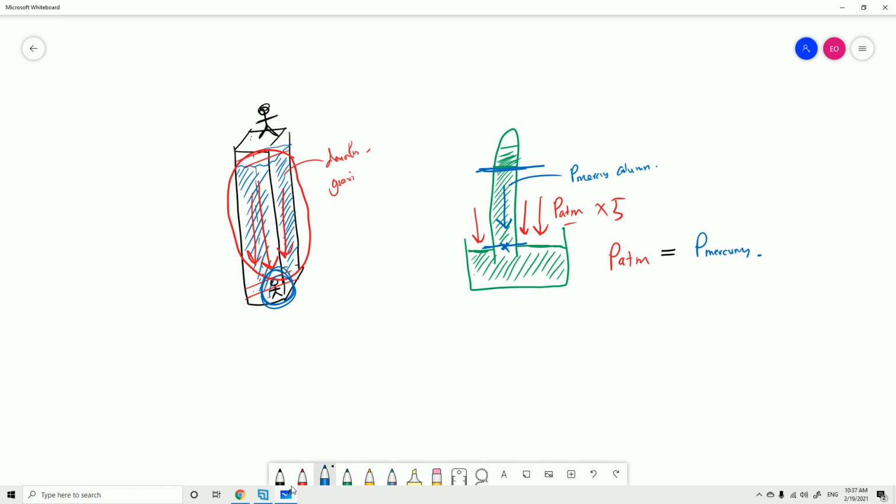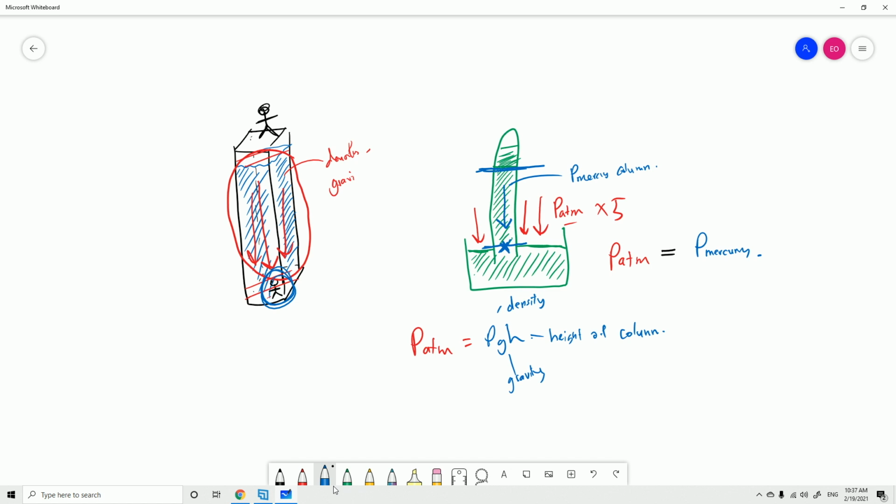So, in order for us to calculate the atmospheric pressure, all we need to do is calculate what the pressure is at the base of this mercury column, which we do using the formula ρgh. Rho is the density of the material, in this case the density of the mercury. Gravity is g, and h is the height of the mercury column.